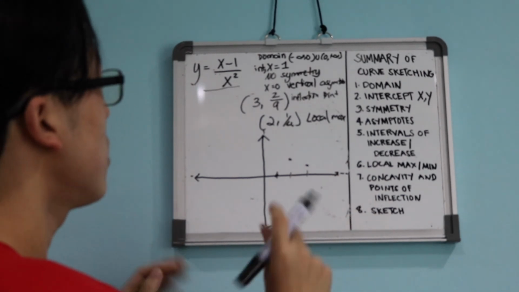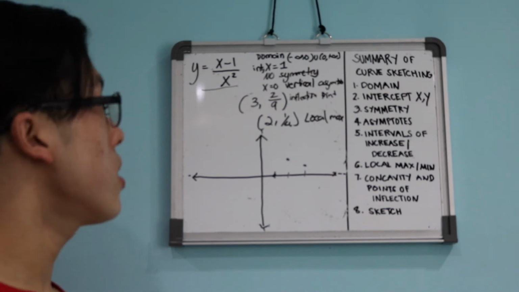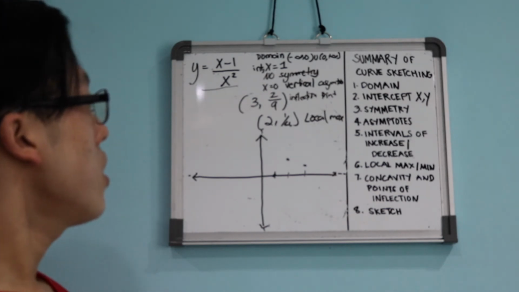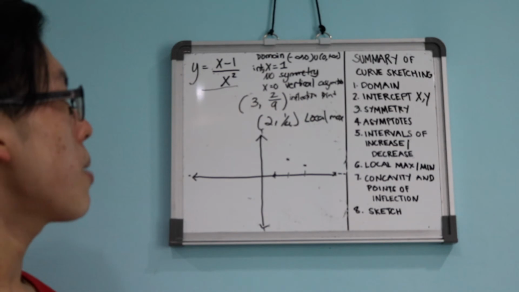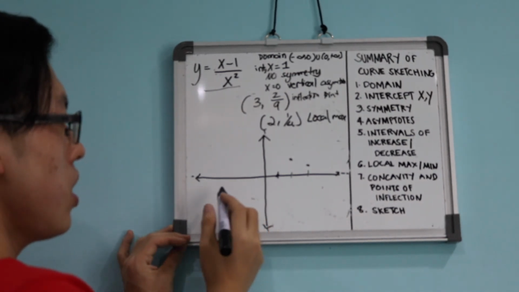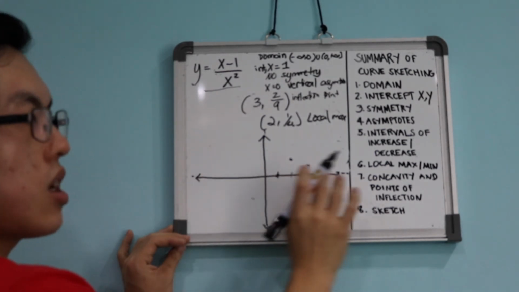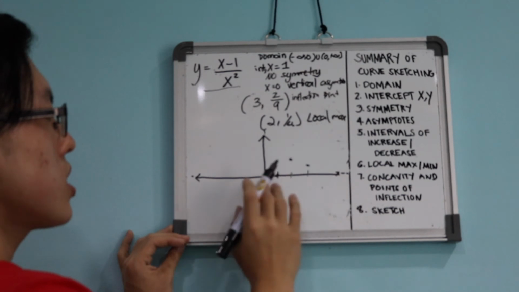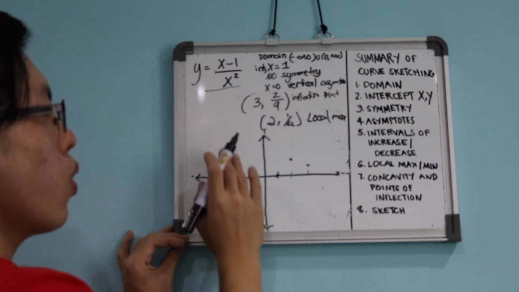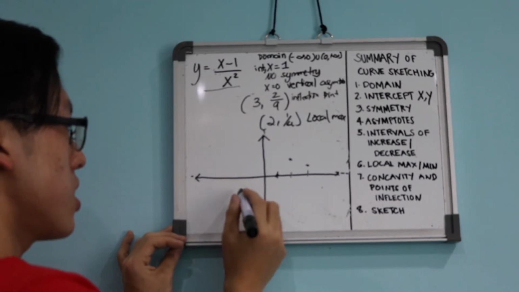And since there are no other x-intercepts, the curve should be below the x-axis, and since there's a horizontal asymptote, it will not go over the x-axis.